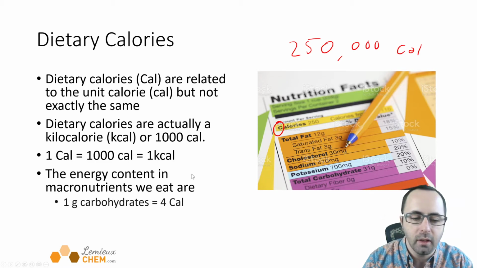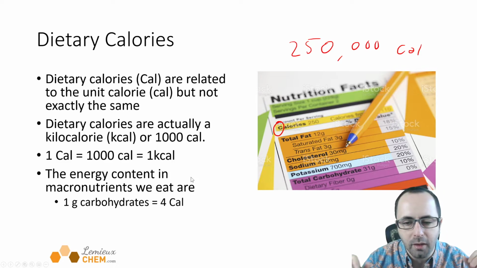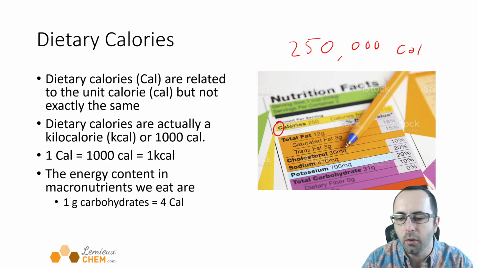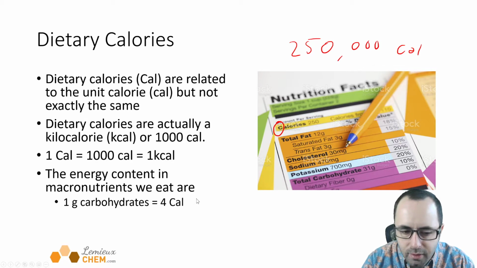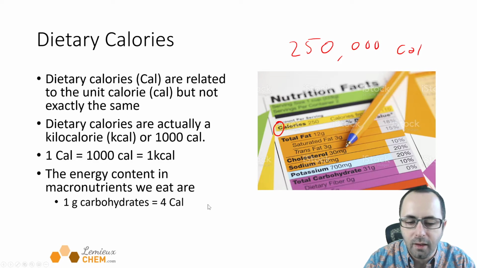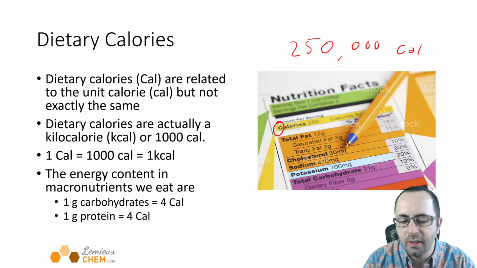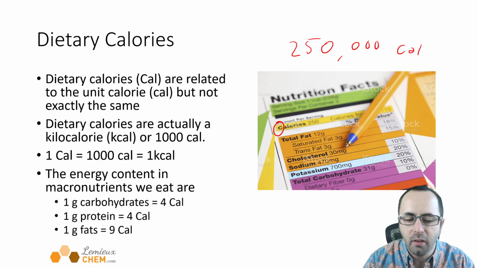Approximately, to 1 sig fig, which is about as best we can do because the way everyone absorbs calories is a bit different, 1 gram of carbohydrates will give you about 4 dietary calories of energy. When you metabolize 1 gram of protein, that will also give you about 4 dietary calories of energy. And if you process 1 gram of fats, this will give you about 9 dietary calories of energy.